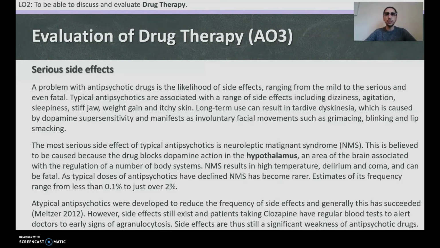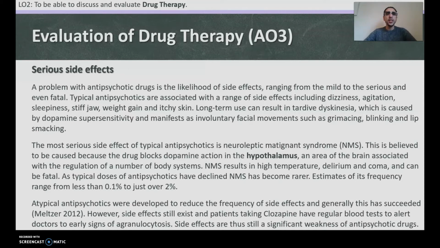Long-term use can result in tardive dyskinesia, which is caused by dopamine supersensitivity and manifests as involuntary facial movements such as grimaces, blinking, and lip smacking.